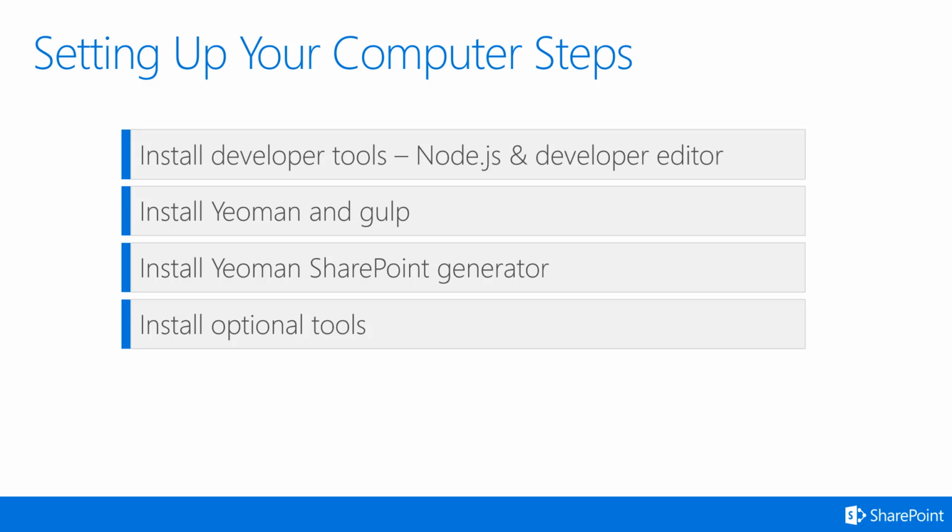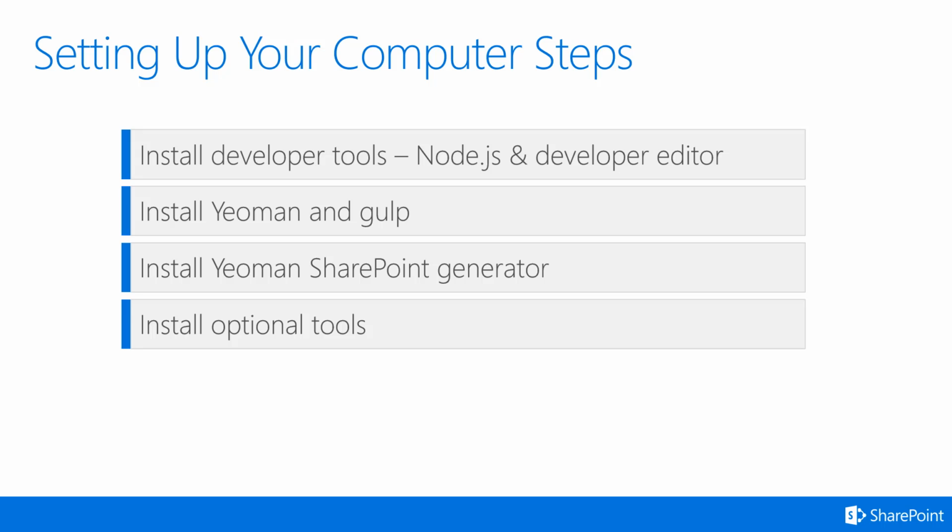SharePoint Framework development uses industry standard open source tooling, and these tools are available and relatively easily installable within your machine using internet resources. So what you need to do is install Node.js and then a developer editor. In our demos, we've been using Visual Studio Code, but there are multiple different options available for your development experience.